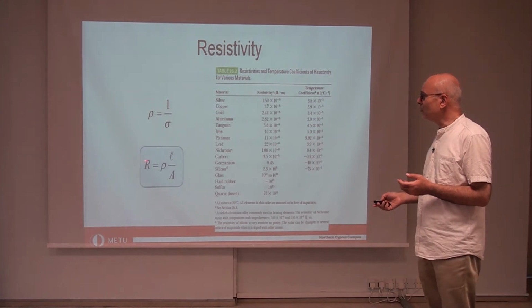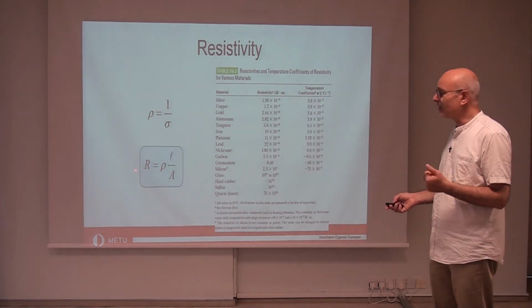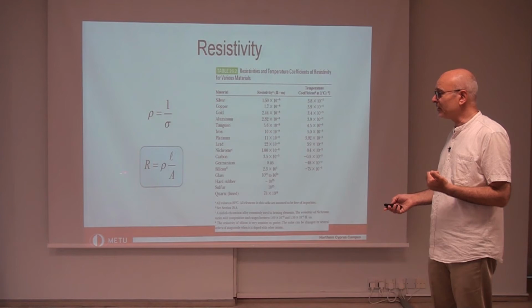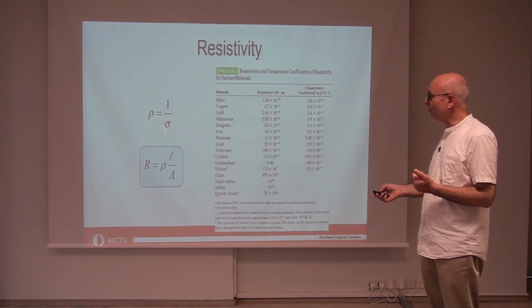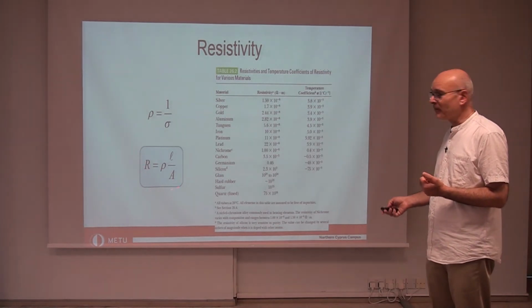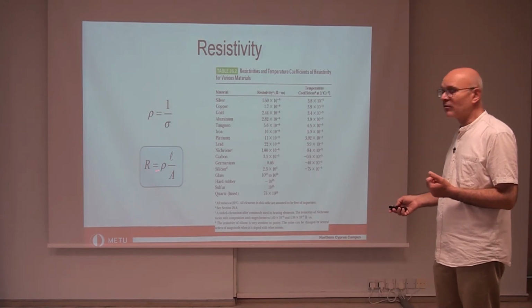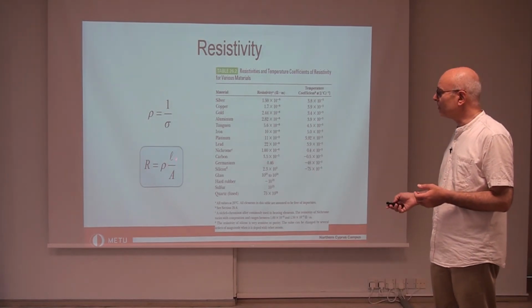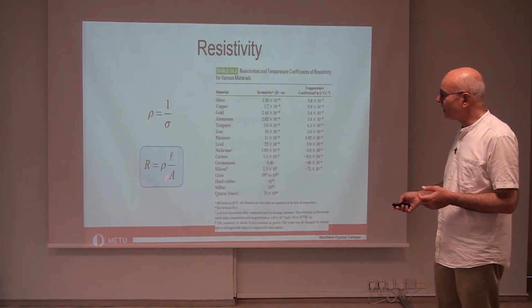And if you do this, then the resistance can be expressed in terms of the resistivity rather than the conductivity. We had R equals L over sigma A. Now, with rho being 1 over sigma, we have just R equals rho times L over A. So this is the expression of the resistance of a given conductor with length L and a uniform cross-sectional area A.